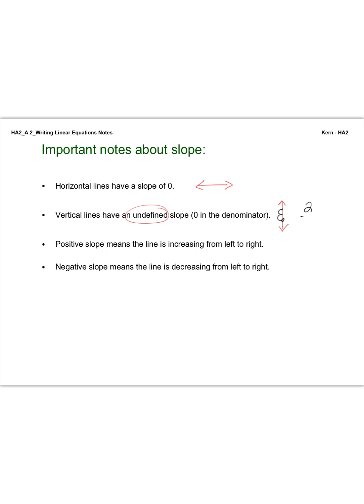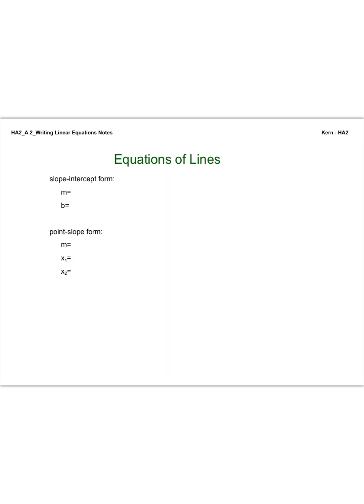So if you went up 2 and over 0, you can't have a 0 in the denominator, just by rules of math. Positive slope, the line's going upwards to the right. Negative slope, the line's going downwards. So if you have a line that's going in a downward direction, you should always have a negative value for your slope.